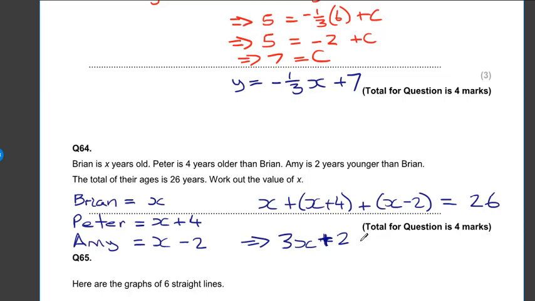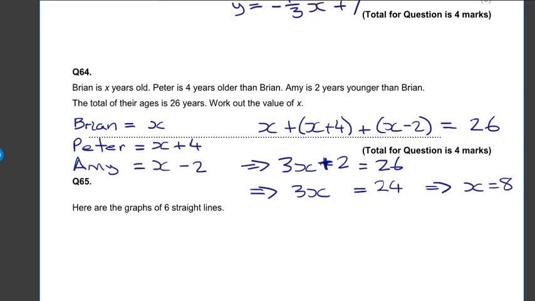Equals 26. Bring the 2 across, becomes minus 2. That implies 3x equals 26 minus 2, which is 24. That implies x equals 8. Done. It looks like I am doing nearly all these questions for you.